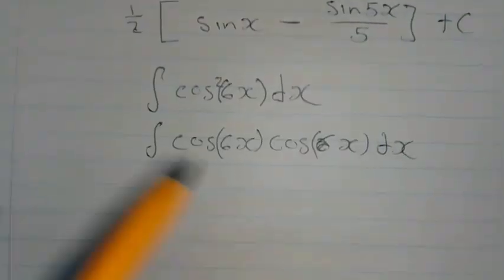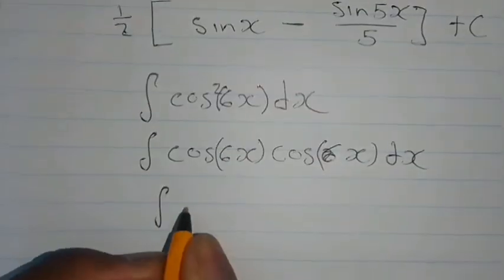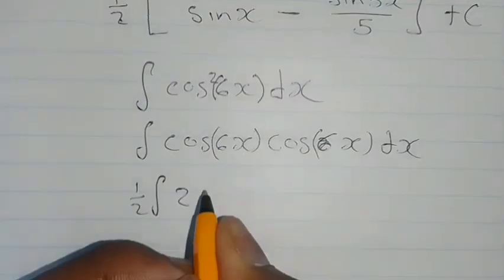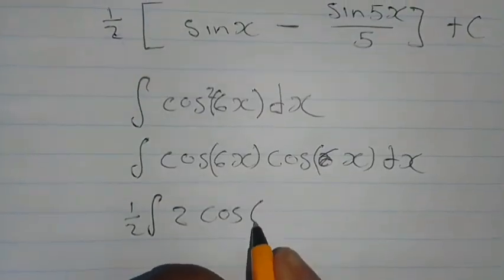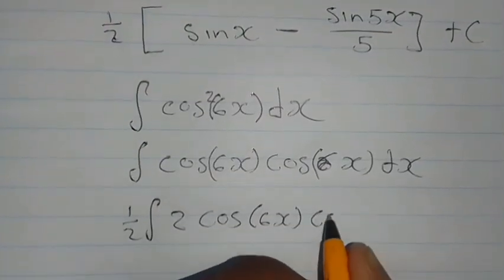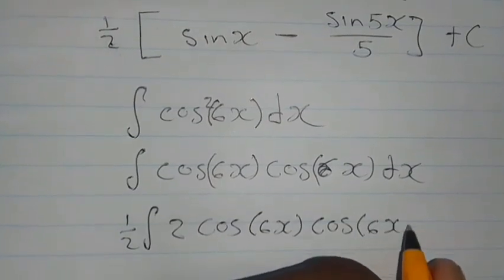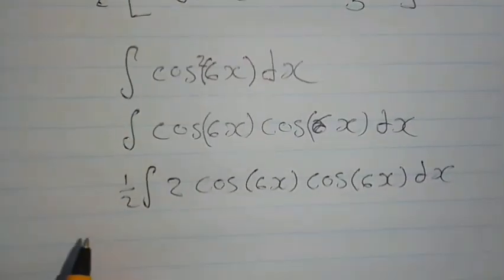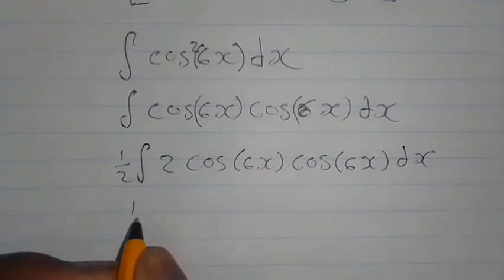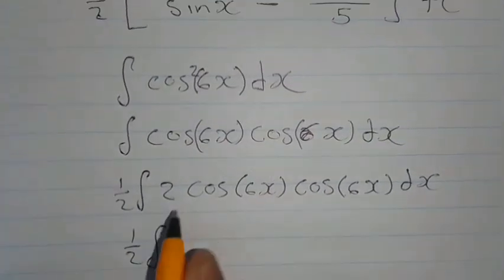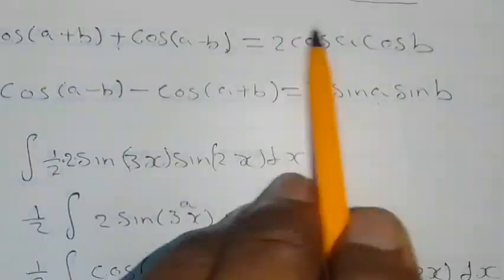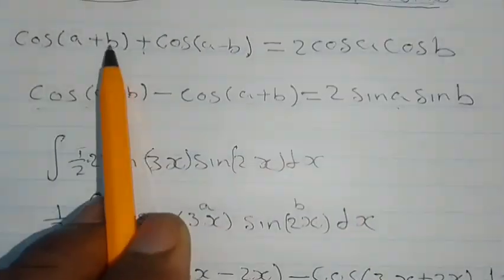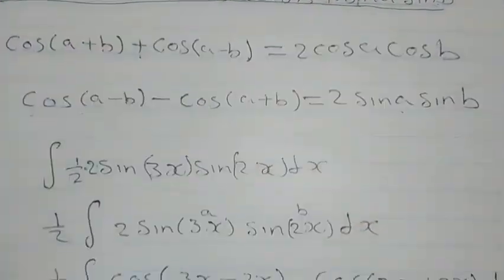So now I'll just multiply the inside by 2 and take the half outside. So then I'll have 2 cos 6x cos 6x dx. Then I can say I have half the integral of, now what's 2 cos cos? It's cos the addition plus cos the subtraction in between.